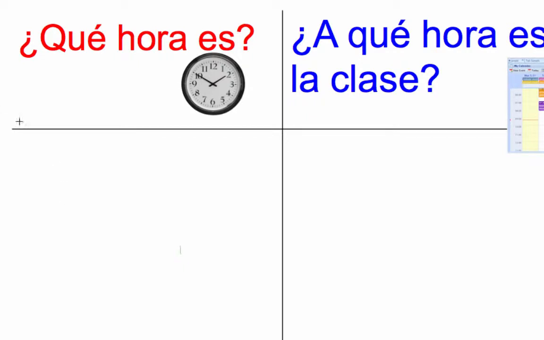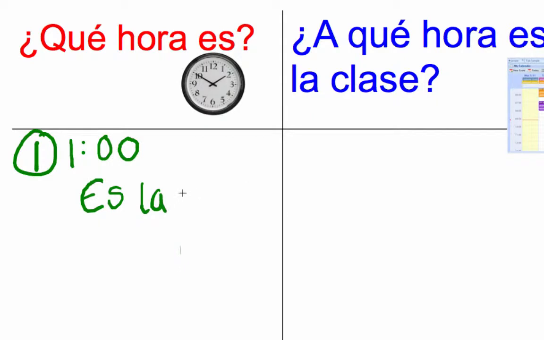So there's two different ways that this can start. The first way is if it's 1 o'clock, okay? So 1 o'clock, 1:05, 1:30, 1:45, anything that starts with 1 o'clock, you use es la una.